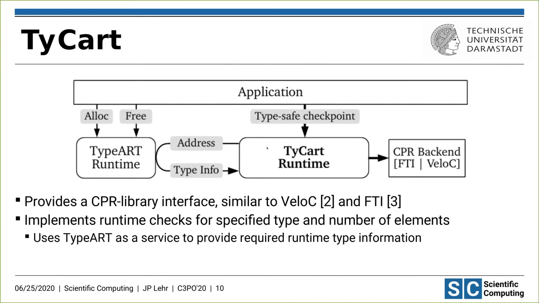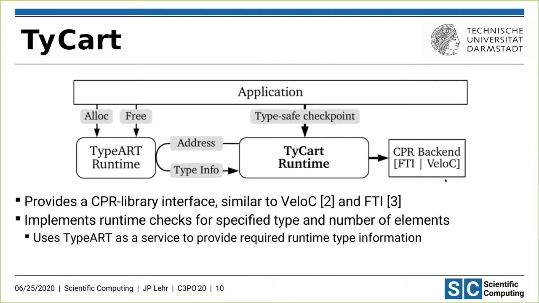Before calling the backend, it takes the pointer that is passed, asks the TypeART runtime for the type info for the allocation information, and then does the validation of the requirements. And if they succeed, it would call into the backend.